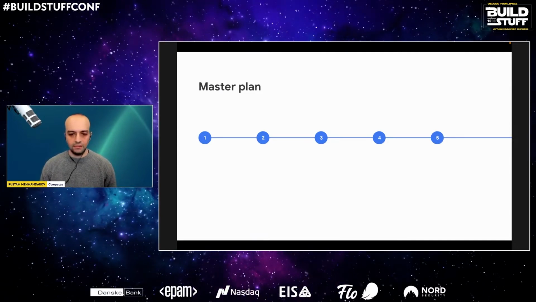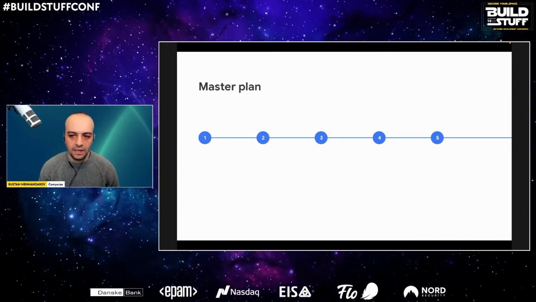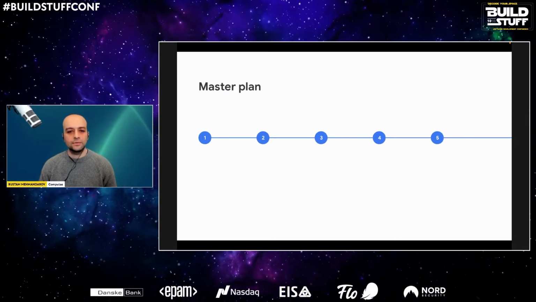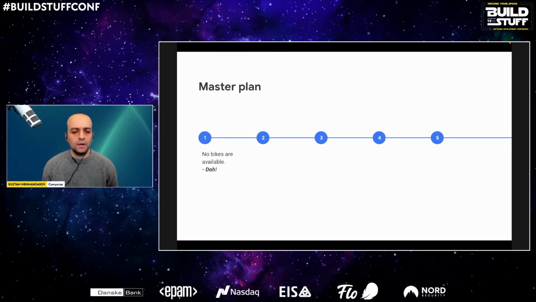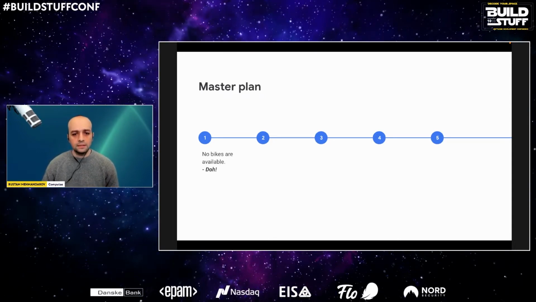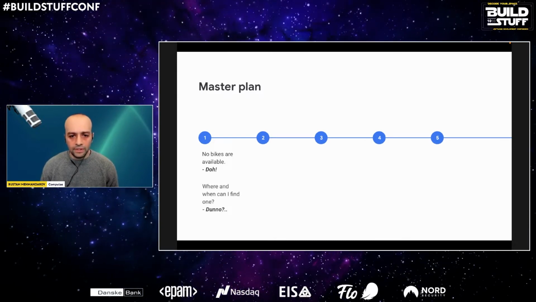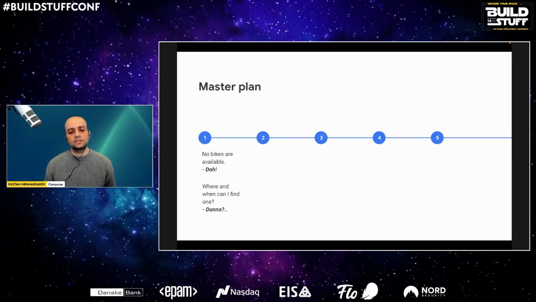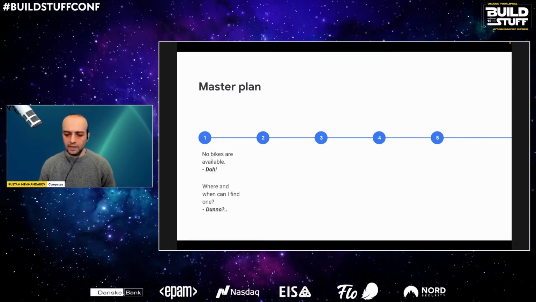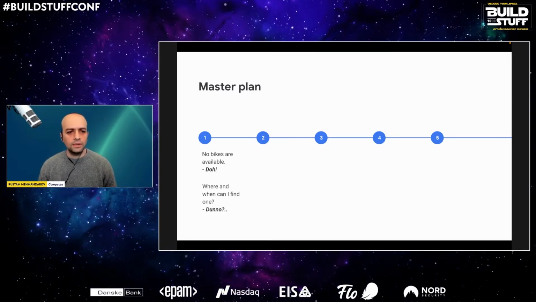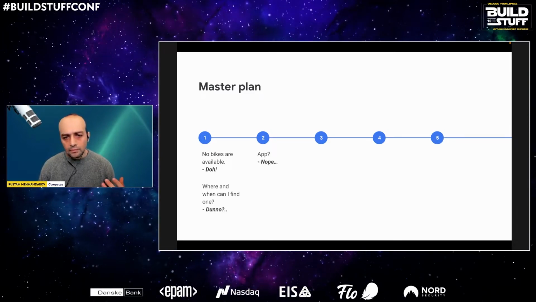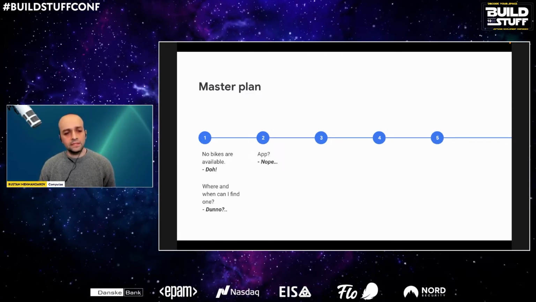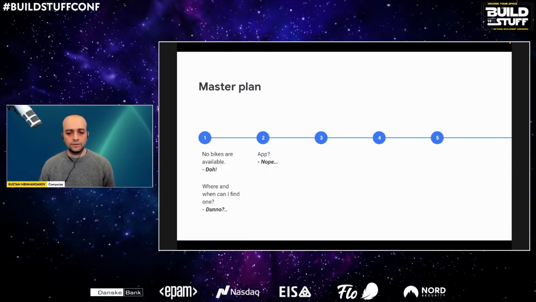So this is the timeline and development of the master plan. That wasn't really a very long timeline, but still, it's just to share my train of thoughts. The first one was, okay, well, we don't have bicycles. Okay, that sucks. Okay, what can we do about that? Can I find information about bicycles? Well, I don't really know, is there an app? Well, obviously there is an app, and there is a website, and all of those things.